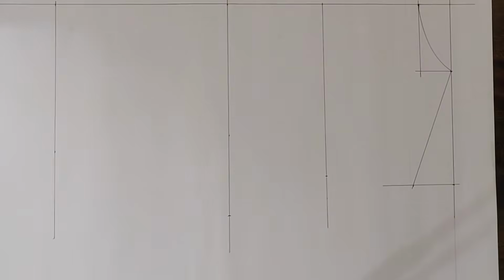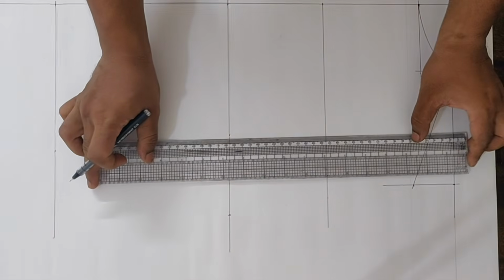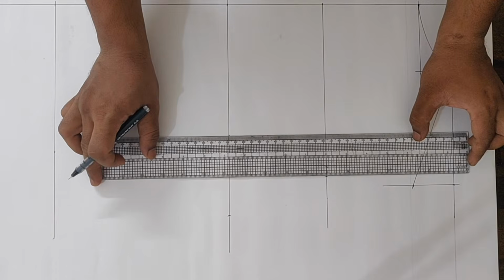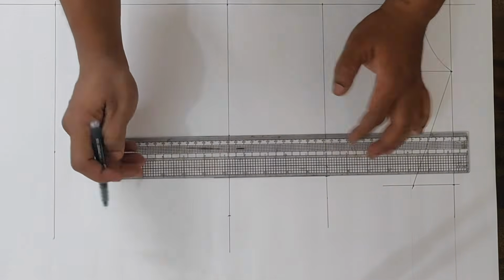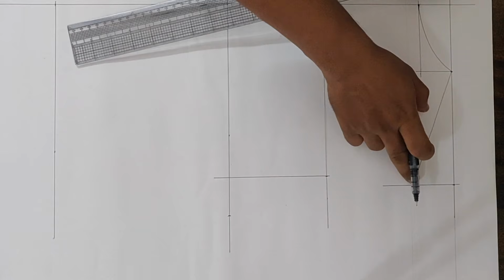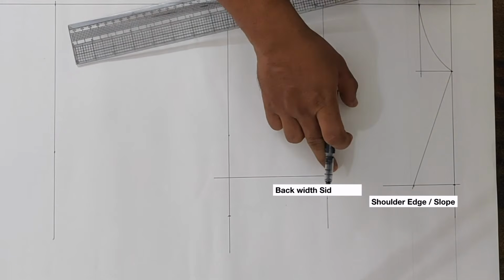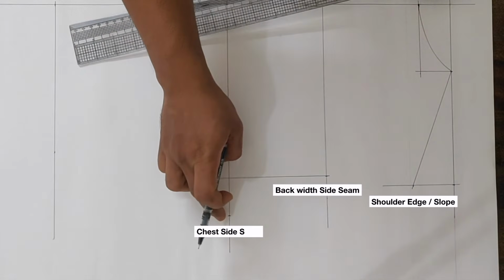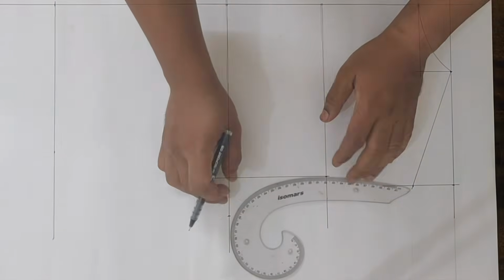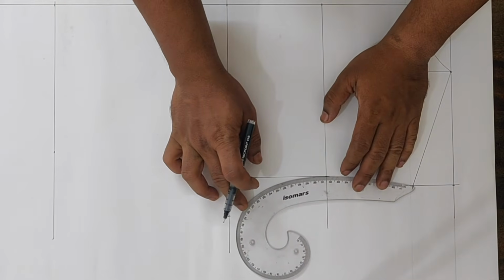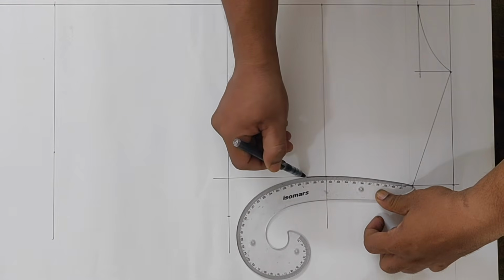After placing both the chest side seam and back width side seam, we'll get the 3 points to construct the armhole: shoulder slope position, back width side seam position and chest side seam position. Now join all 3 points to construct your armhole.